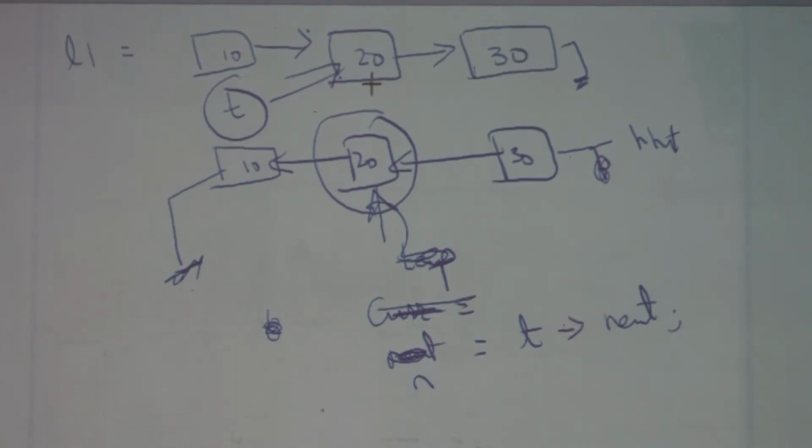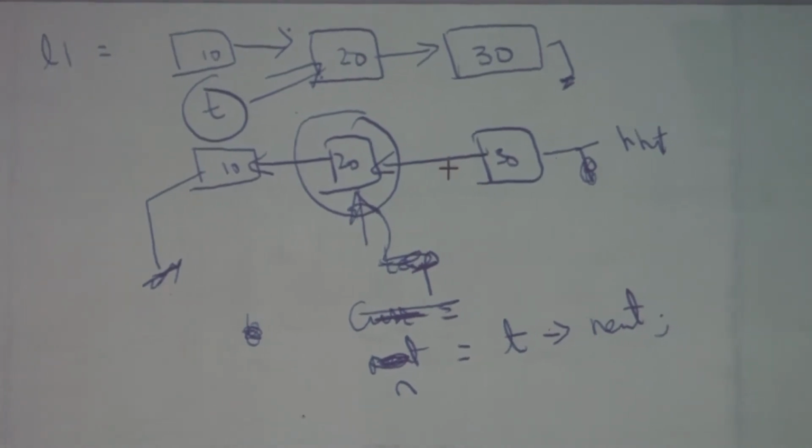Where is T? T is here. This is going to be the next pointer. This is where I am going to go next. This I have to preserve. Otherwise I can't move forward.